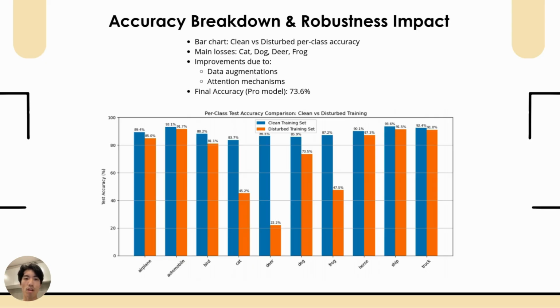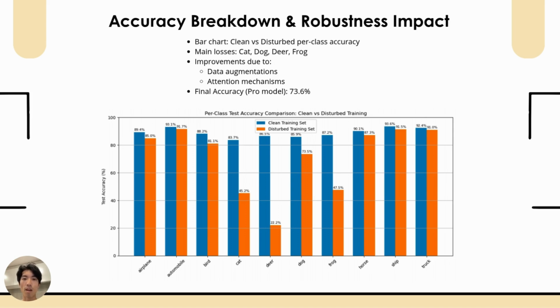It helps reduce overconfidence and improve tolerance to noisy labels. And for deer and frog, we designed a class-specific augmentation pipeline called the deer-frog transform. This includes glare suppression, brightness recovery, and fixed contrast boost, allowing the model to recover semantic features even under visual degradation.